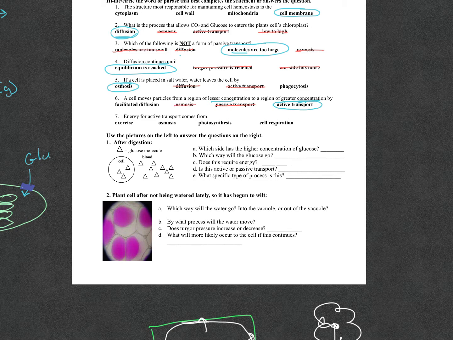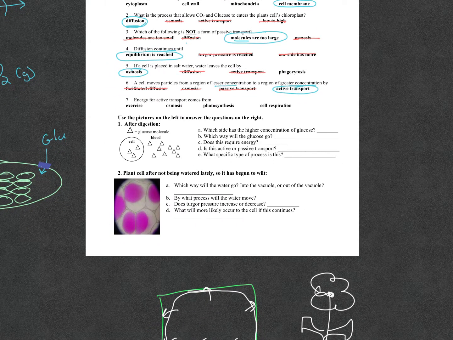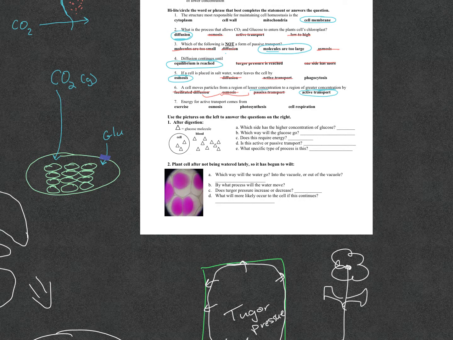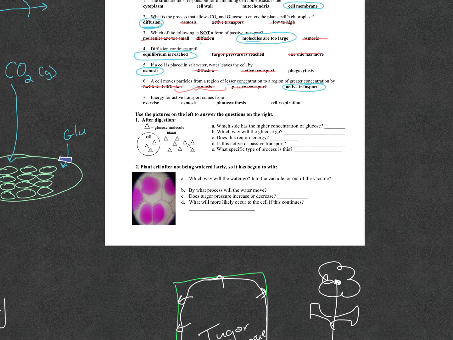Osmosis does not go from low to high, and facilitated diffusion does not go from low to high. These are all passive. Remember, facilitated diffusion is when you need a helper, a carrier. In the case of glucose, you need some kind of transporter protein, a channel, if you will.